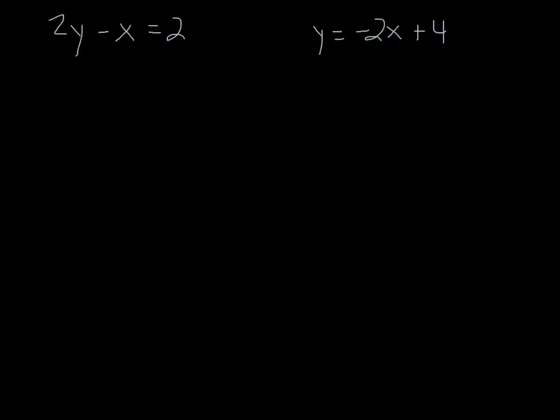Alright, first try this. 2y minus x equals 2, and y equals negative 2x plus 4, and we want to know if these are perpendicular. First step, get them both into y-intercept form. We bring that x over. We get 2y equals x plus 2, and then we divide by 2. If there's nothing before the x, remember there is a 1 there.